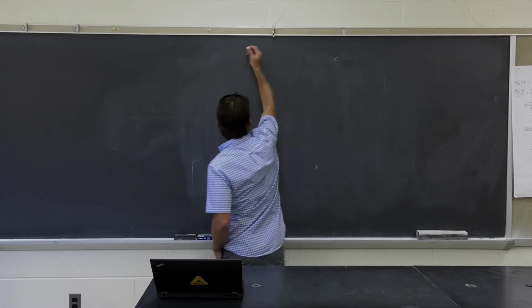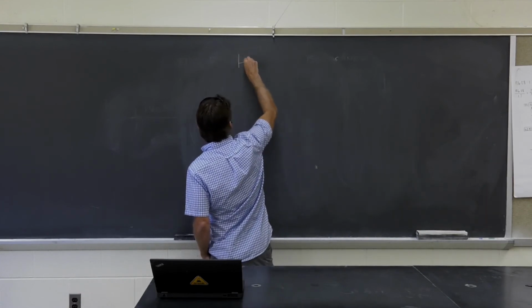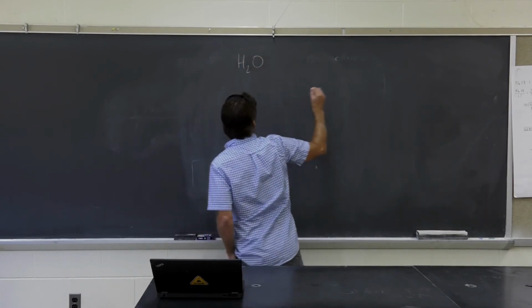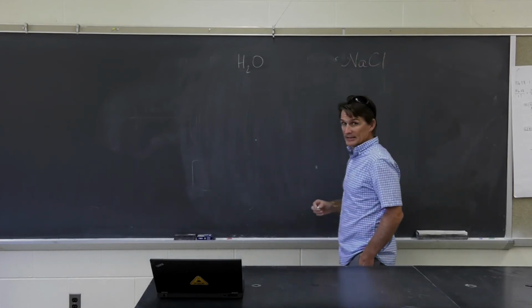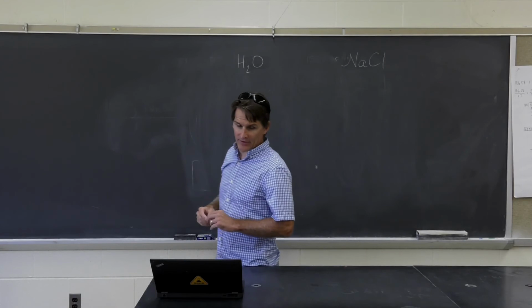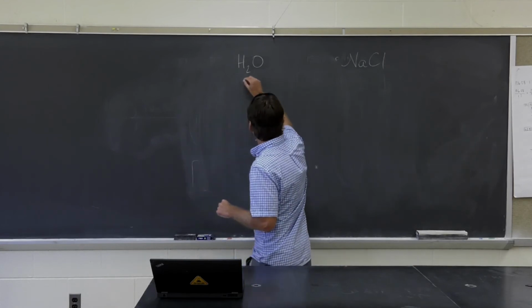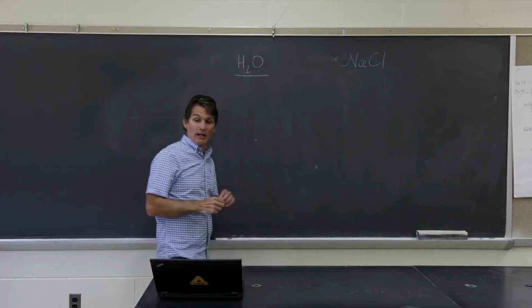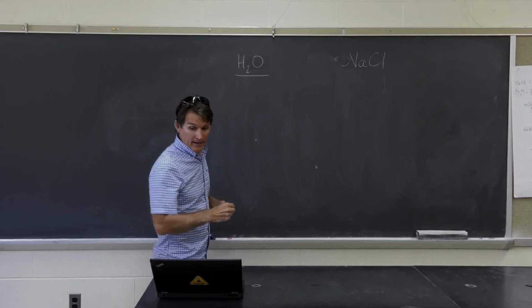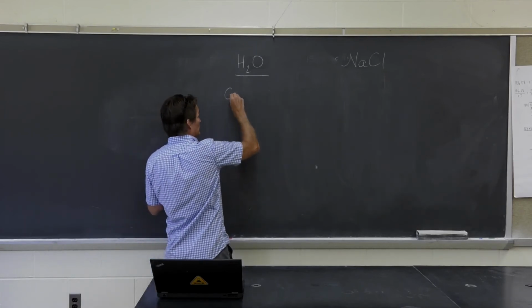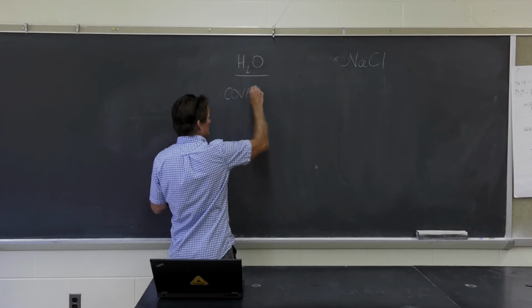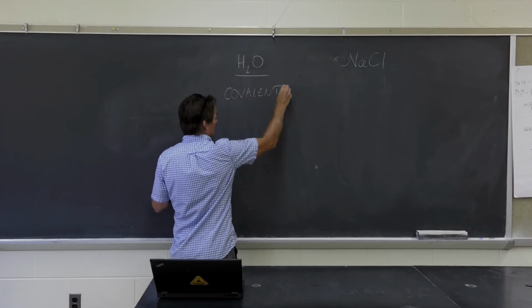So let's just take this compound. First one is H2O. And then a second compound we're going to write as NaCl. And this first compound here, this is made of molecules. And a compound that's made of molecules is called a covalent compound.